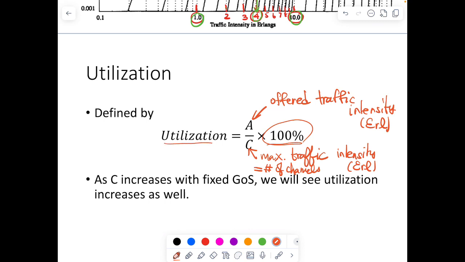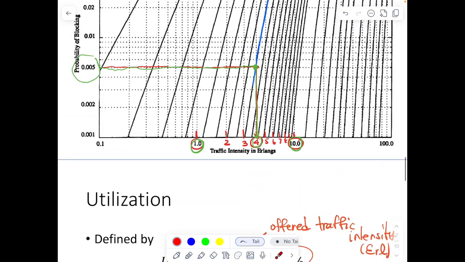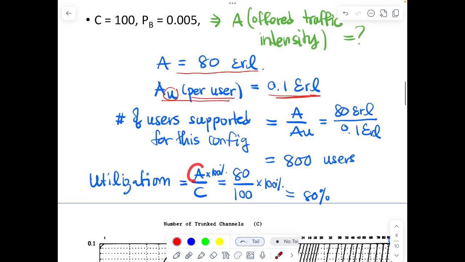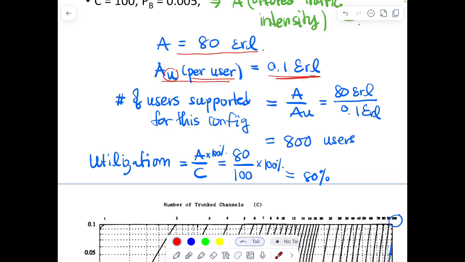Okay, so the bigger the number is, the bigger the utilization is, it means that the network can use the resources very efficiently. Okay. So in this case, it's A, which is 80, divided by C, which is 100. So utilization of the channels or the resources of the network is 80%. Okay, so it gets very good use.